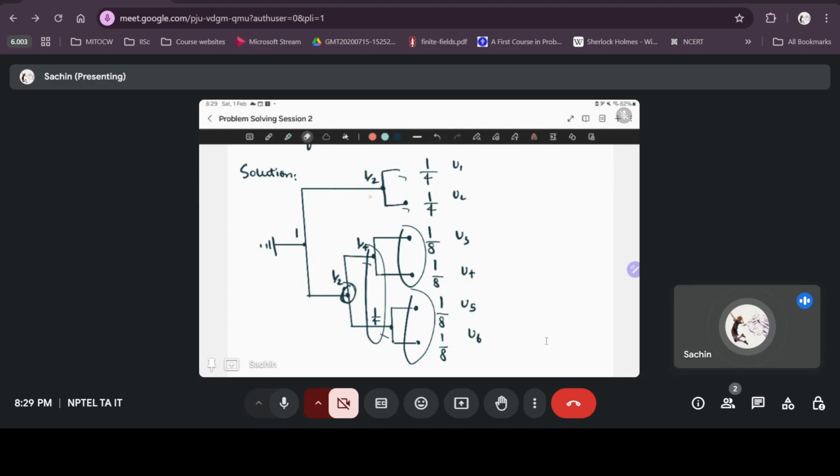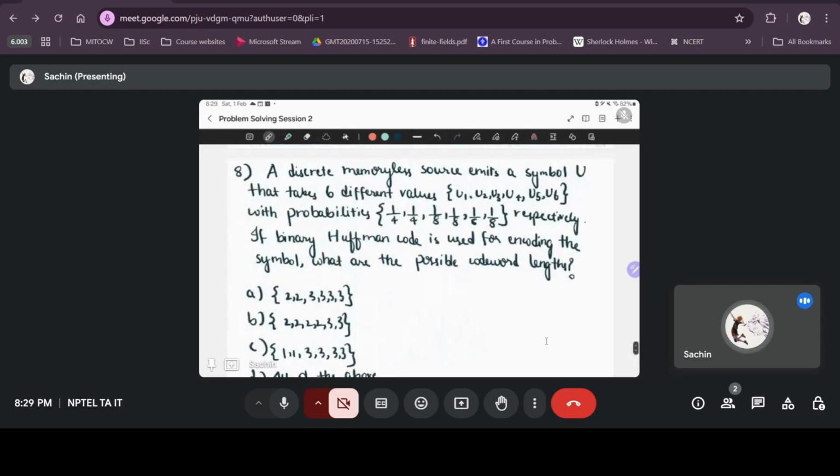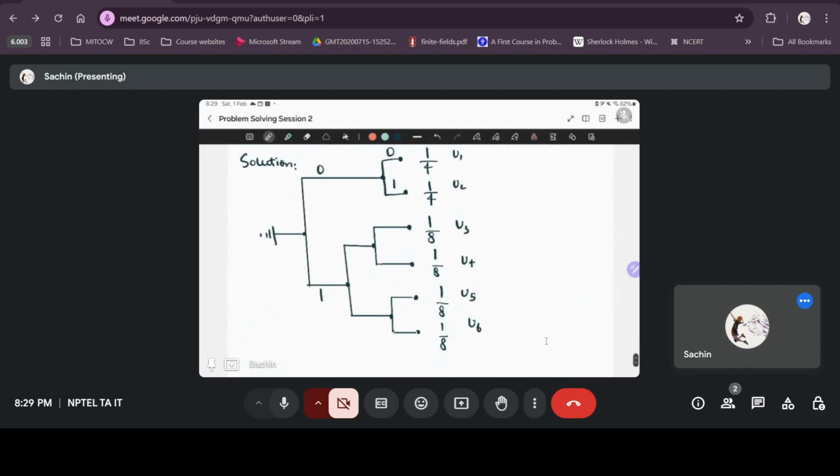And that gives you your Huffman code. At least it gives you the tree for your Huffman code, from which you have to read off the code words. So this branch is branch 0, this is branch 1. Let me erase the probabilities. And then branch 0 again branches out into 0 and 1. This branches out into 0 and 1.